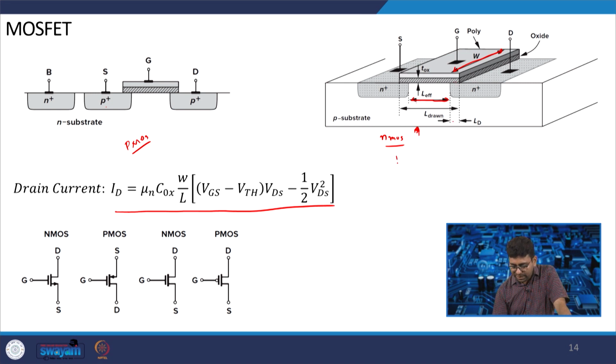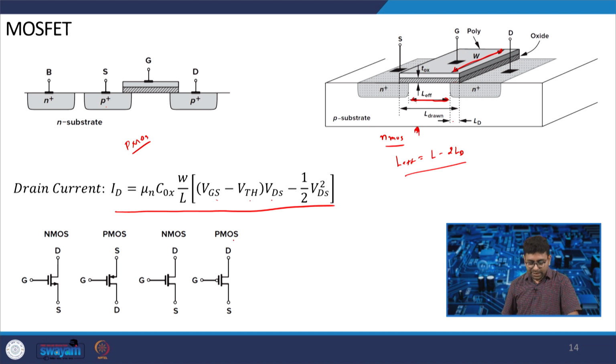Generally L effective is written as L minus 2 LD, because there is an overlap on the drain side and also on the source side. So the equation of ID is mu n C ox W by L, times VGS minus VTH, VDS minus one half of VDS square.